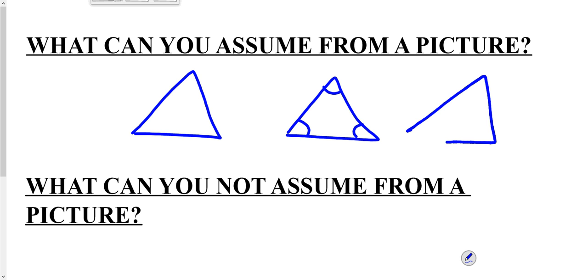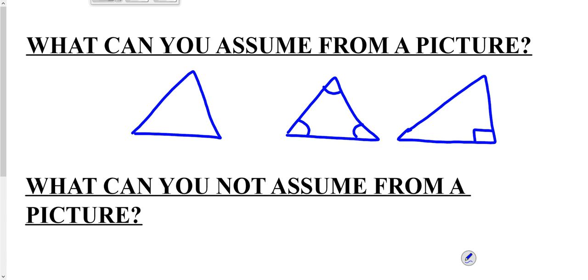If I have a triangle that looks a whole lot like a right triangle, but I don't have the little square in the corner, I cannot assume that it's a right triangle. But if it's got that square, I can assume it is a right triangle.